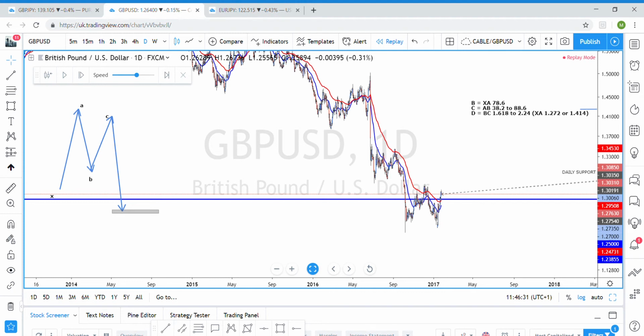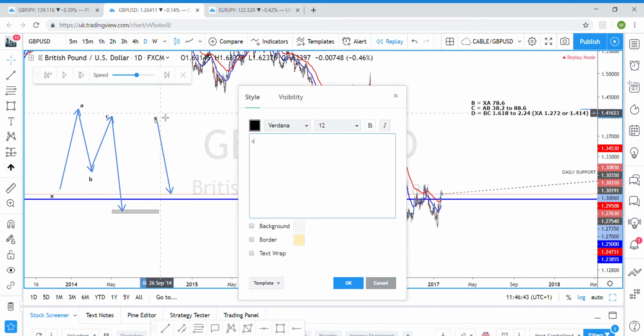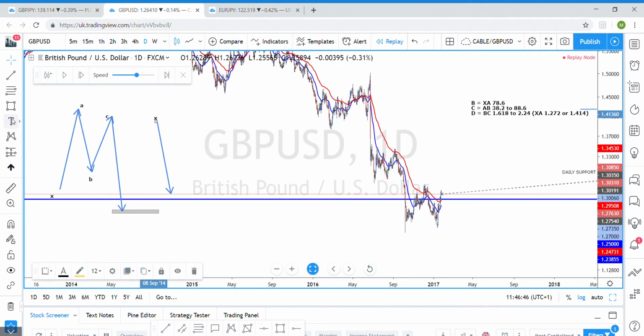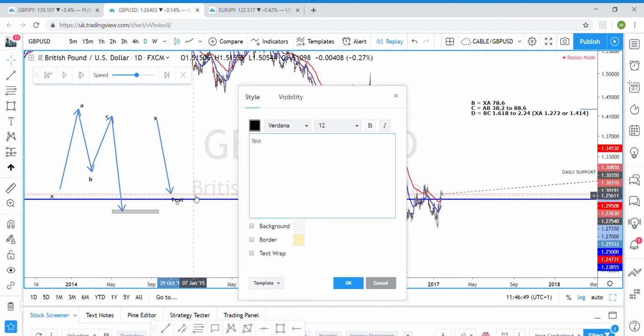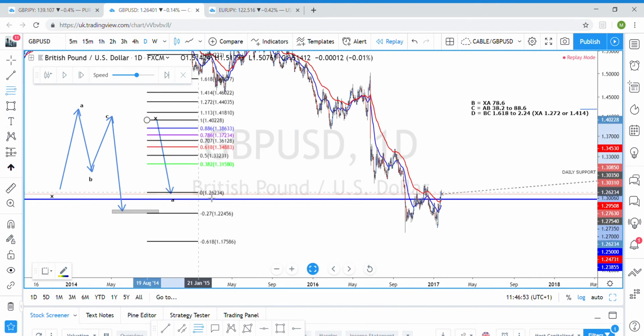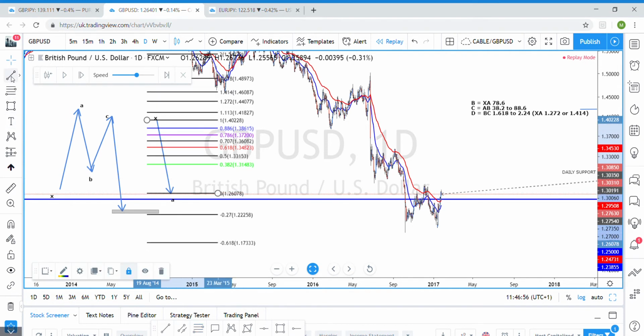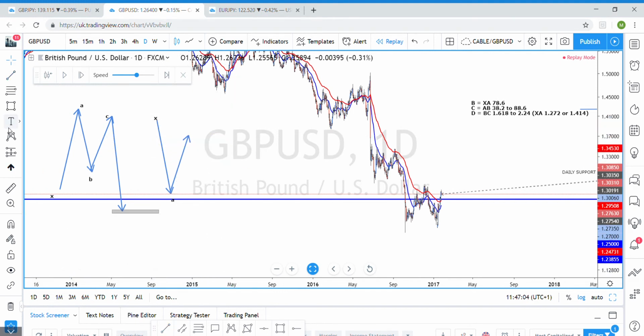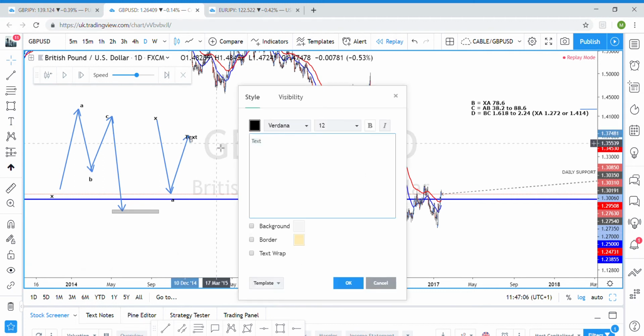So what you do, you've got a move to the downside, okay, and that is your X, this is your A, and you want to pull back to the 78.6 fib for your B leg, okay? It has to hit the 78.6. That's your B point, okay?